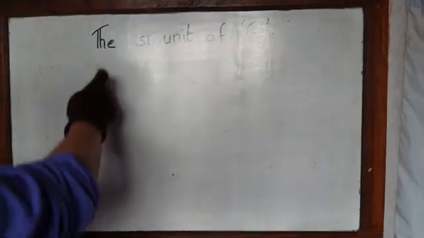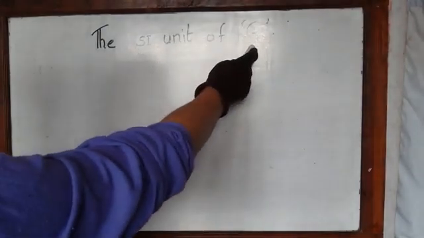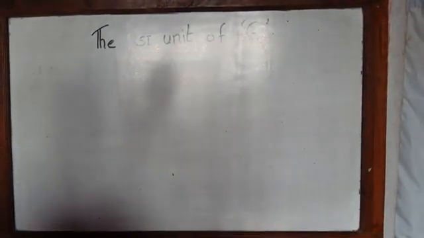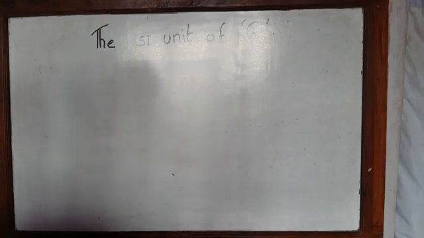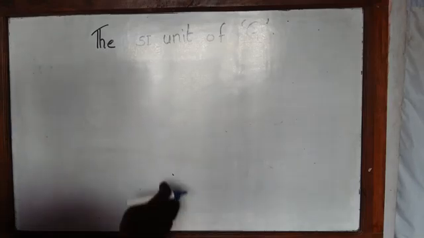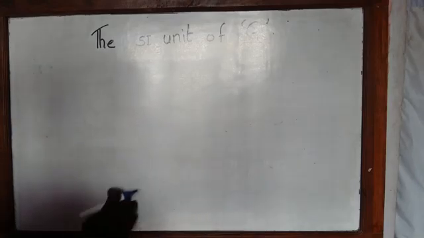Here I have written the SI unit of G. The capital letter G denotes the gravitational constant, or universal constant. Now, how can we derive the SI unit of the gravitational constant? You can derive the SI unit and the CGS unit. Let's try.